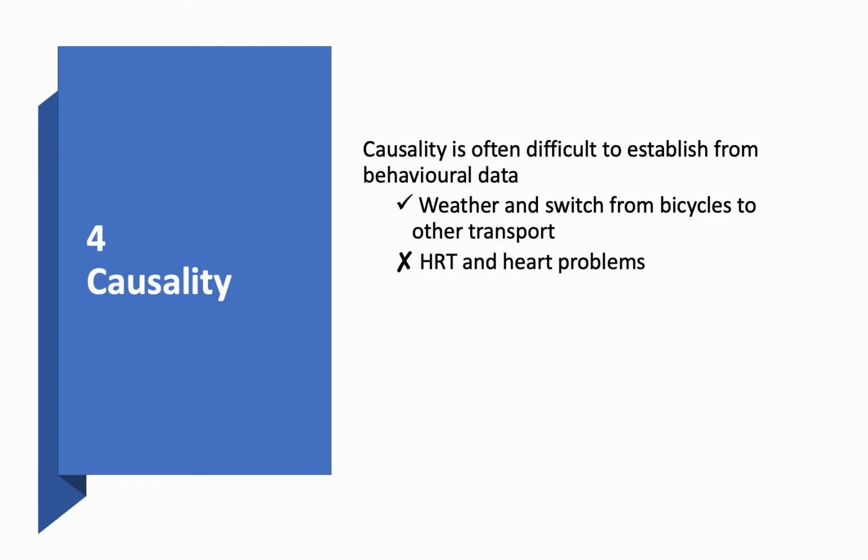But there are a large number of cases, and there's a very famous one which looked at hormone replacement therapy and heart problems. And what they found was that women in the United States who had been prescribed HRT, this is a long time ago, 40 years ago, were getting better outcomes for cardiac problems.